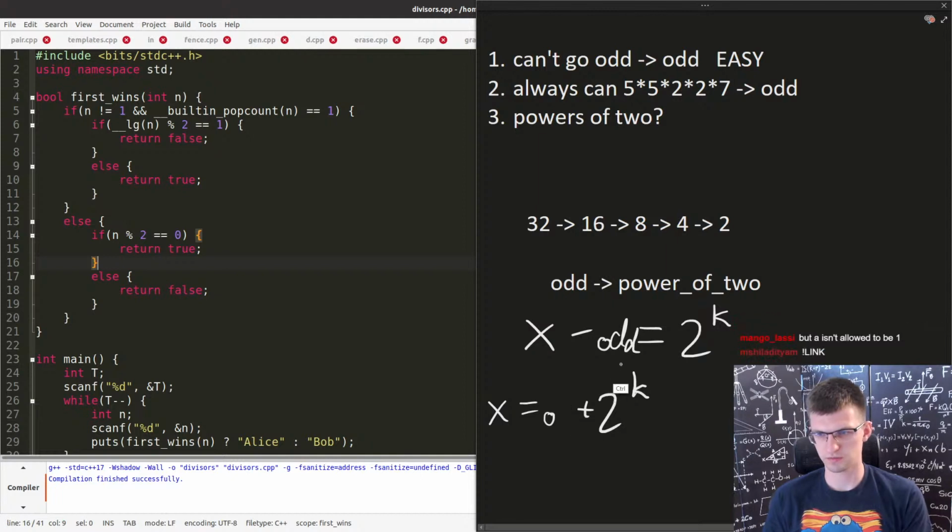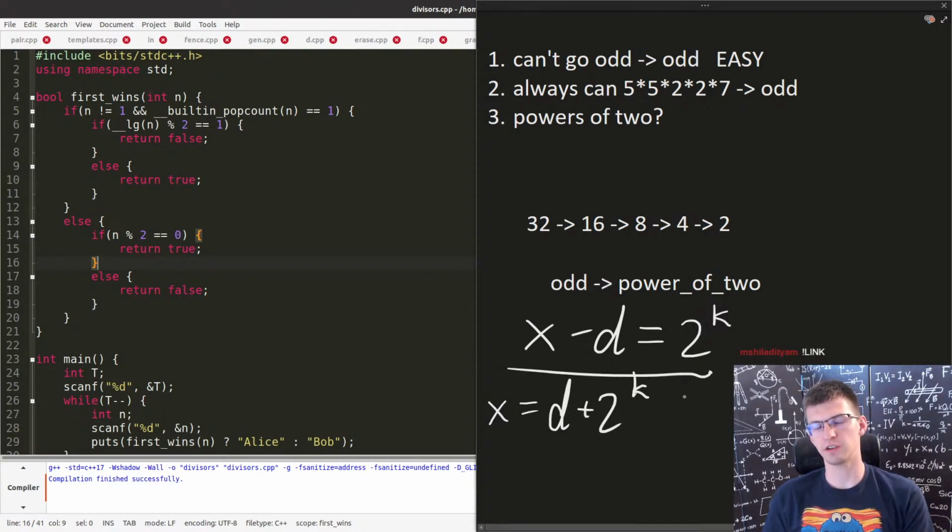Let's say p. This is not necessarily d, the divisor. Now, if we want to get from odd to a power of 2, then this must be true, and we could only do it if d is a divisor of x. So here we want x to be a multiple of d, but it means that 2 to the k power must also be a multiple of d.